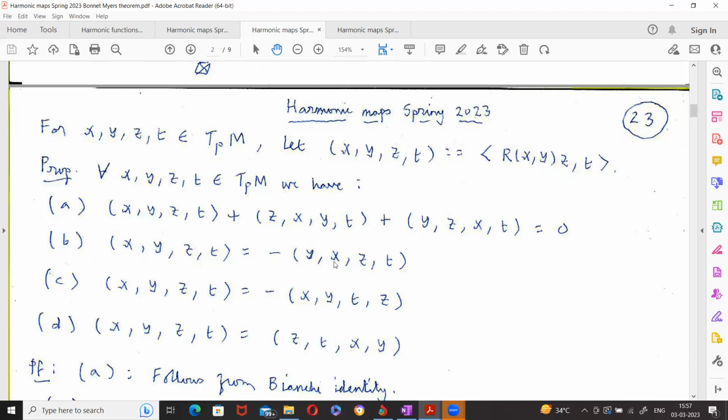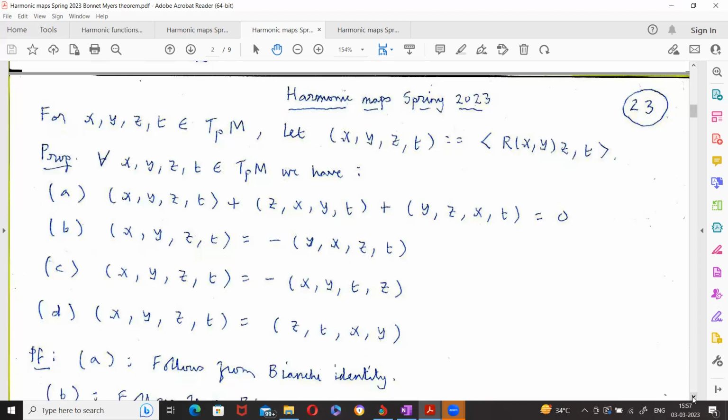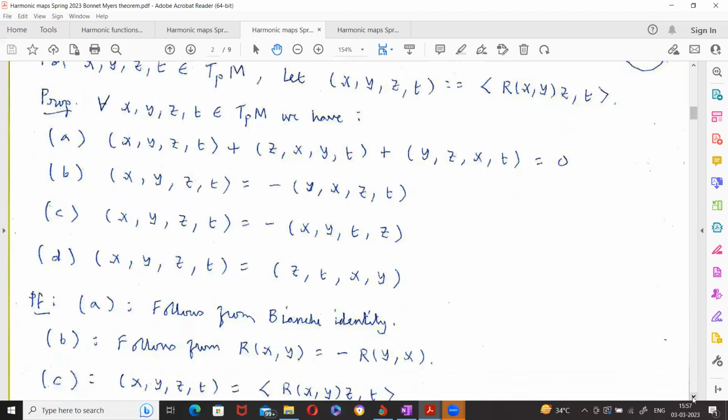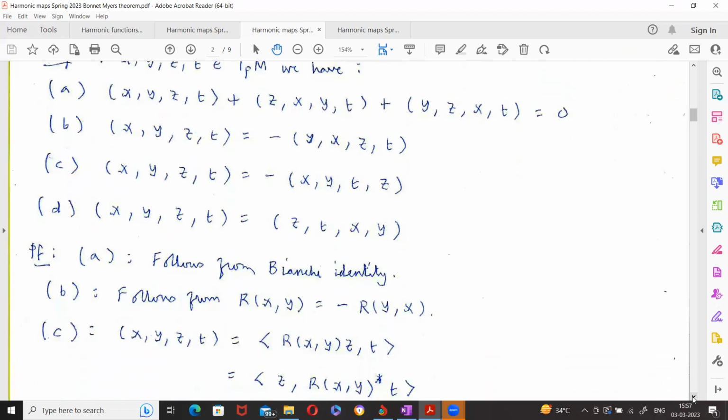This just follows from the fact that R is alternating in its first 2 arguments, R(X,Y) is minus R(Y,X). That gives you the second property. Then the third property is that [X,Y,Z,T] is equal to minus [X,Y,T,Z]. So if I interchange the last 2 arguments, then it changes sign. That will follow from the fact that R(X,Y) is a skew-symmetric linear map.